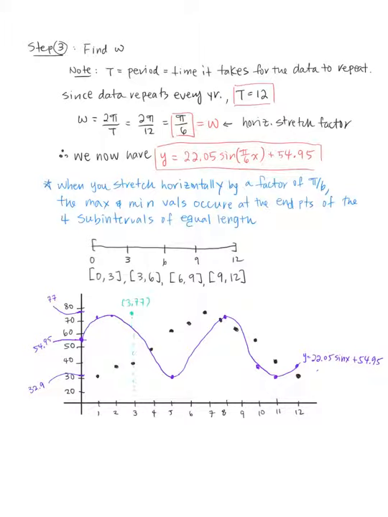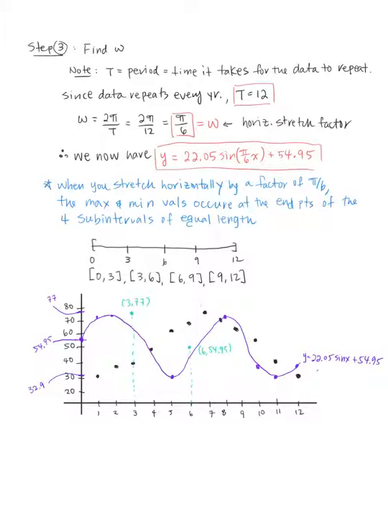Okay, the next one is 6. So next one is going to be 54.95 because we're trying to draw the sine function. 54.95, it's maybe right here. So this is 6 comma 54.95.